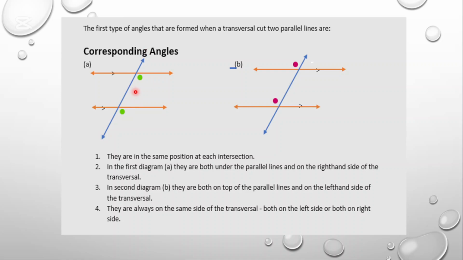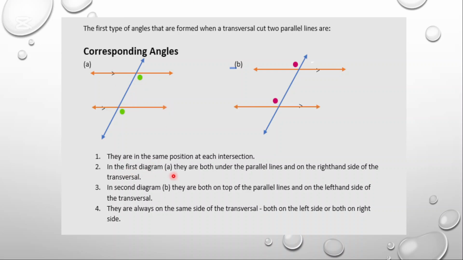They're in the same place at each intersection. Below the parallel line, below the parallel line. Both of them are on the right hand side of the transversal. You see there, the right hand side, both below the parallel lines.